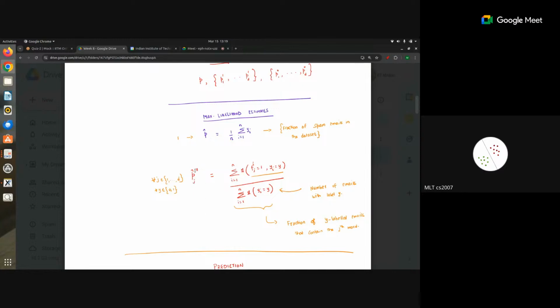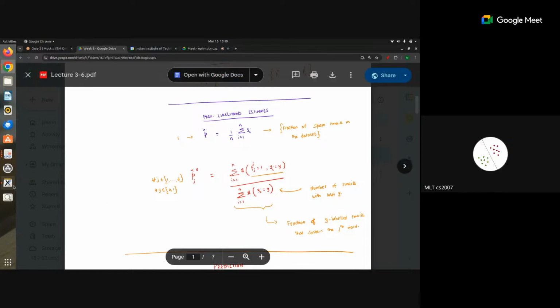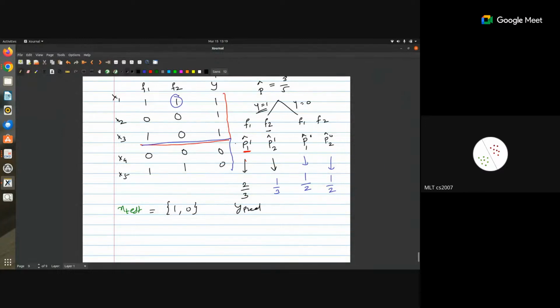Pj hat of y is what? J is for the feature, and y is for the corresponding label. So this is the part, right? The first feature and the corresponding label. Is that correct? I hope this is fine.